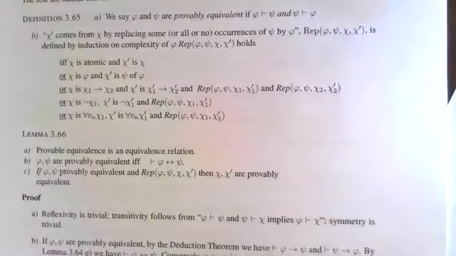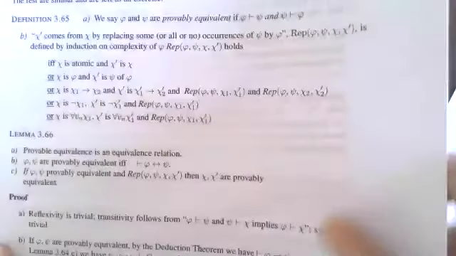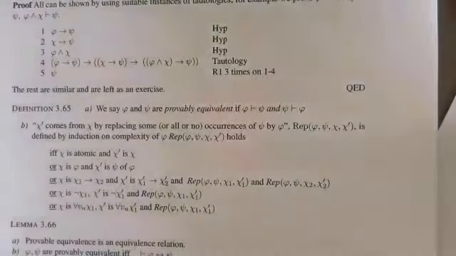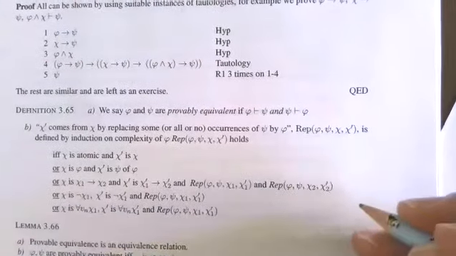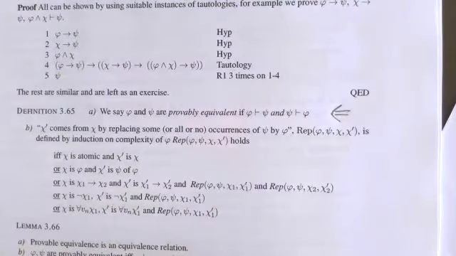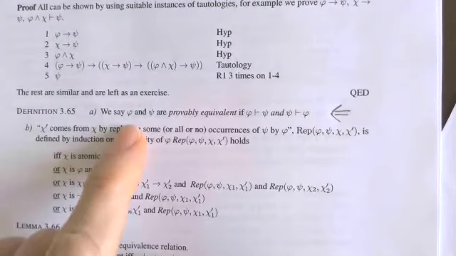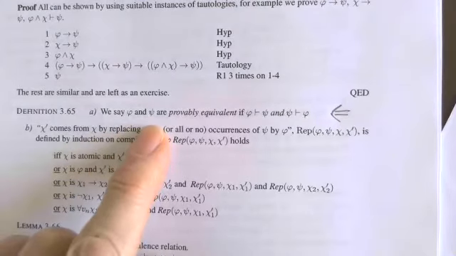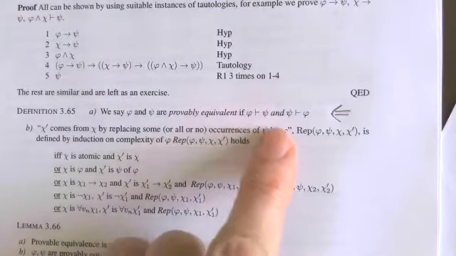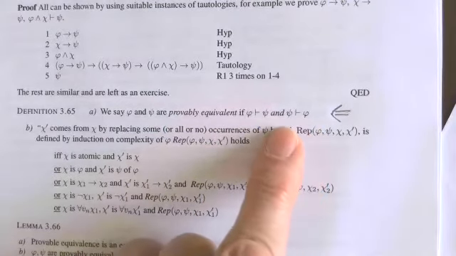Okay. Anything else to say here? Yes, perhaps here is something, this phrase will come back. I say phi and psi are provably equivalent. This means I can prove psi from phi, and I can prove phi from psi.